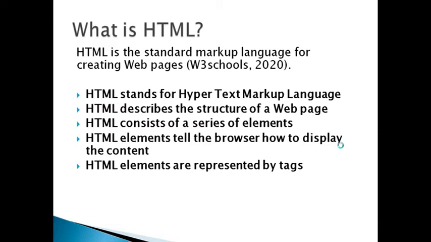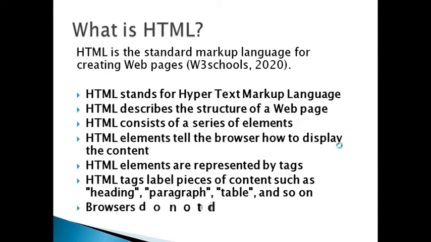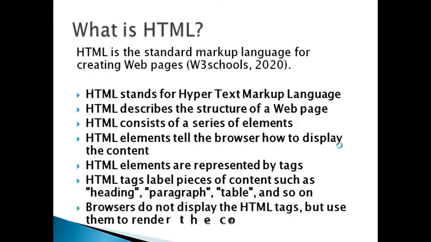These are commands you issue to the browser to enable the browser display a page in a particular manner. Now HTML tags label pieces of content such as heading, paragraph, table, and so on. Browsers do not display the HTML tags but use them to render the content of a page.